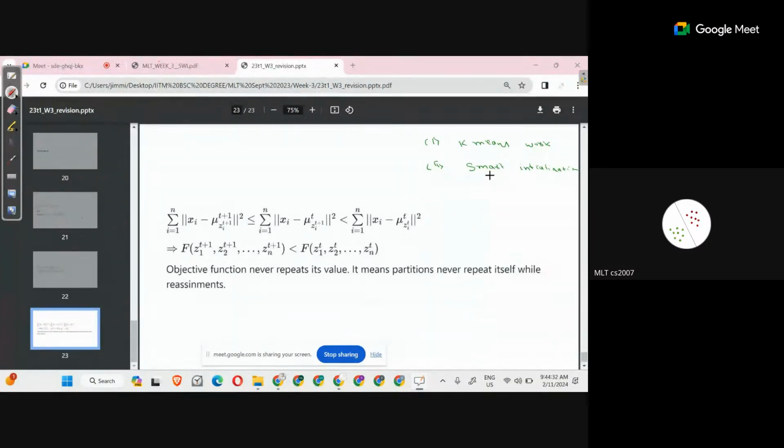Then the third part was about how to choose the k value. So these three parts were there in this chapter, and also the nature of clusters. Anything else? Okay, no.